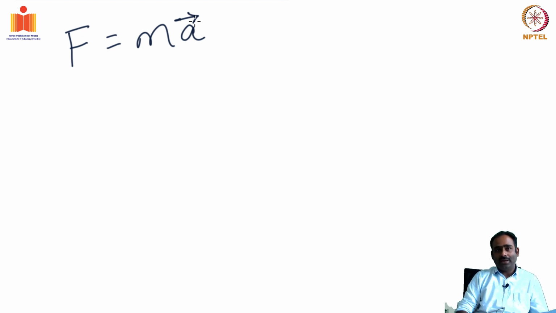So let's say we are imagining a particle which has mass m, and it is subjected to a force F. Then it will accelerate according to this relation. Okay, that's your Newton's second law.